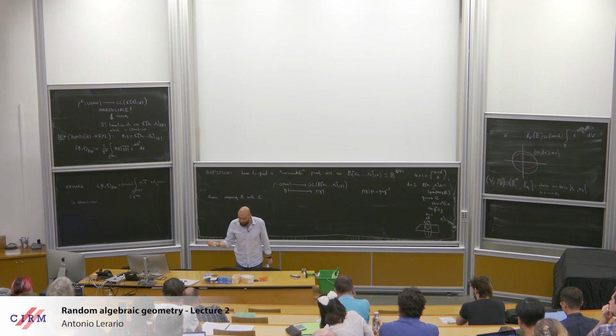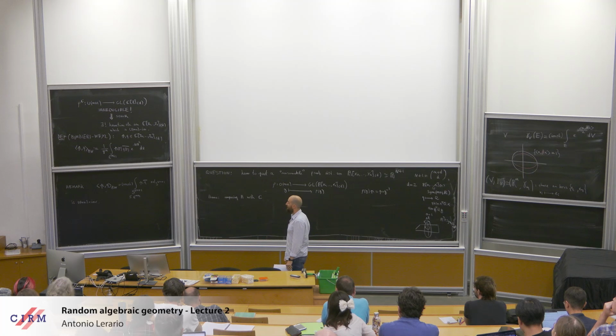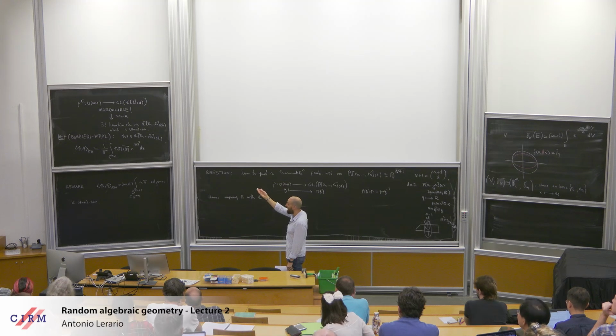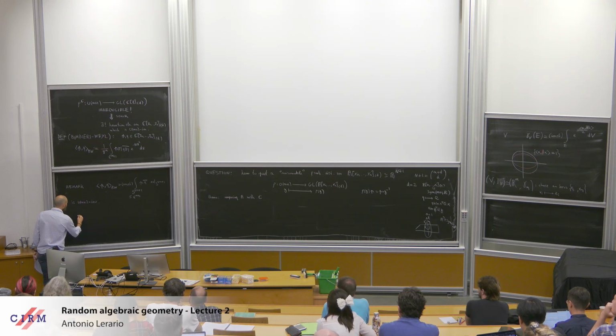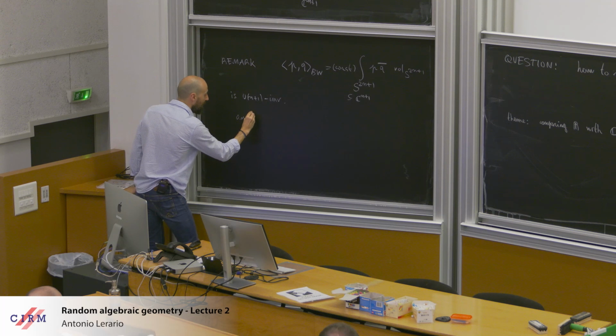And because the representation is irreducible, this scalar product is the unique invariant one. The Hermitian structure is the unique invariant Hermitian structure up to multiples. Something nice about this Hermitian structure is the following. Here is an orthonormal basis, a Hermitian orthonormal basis.